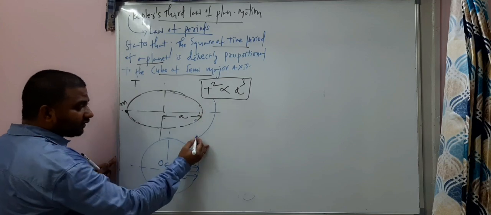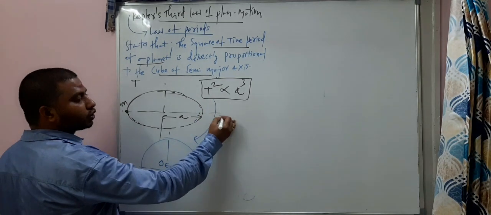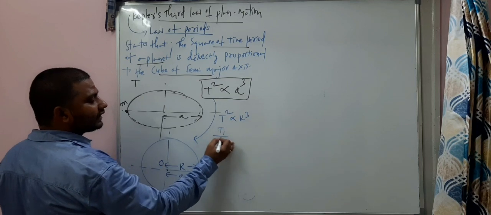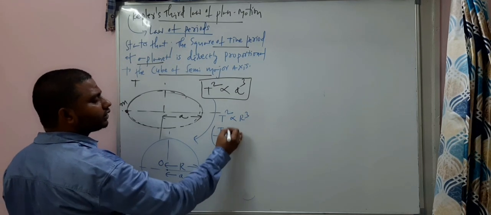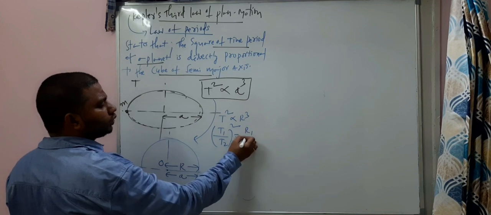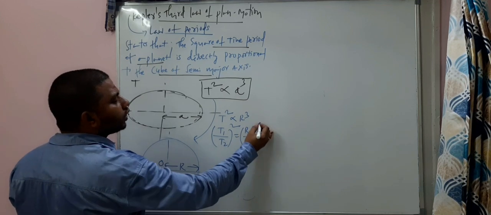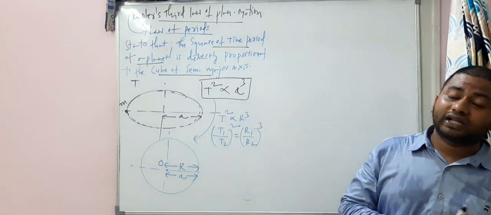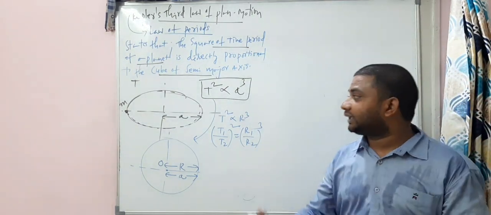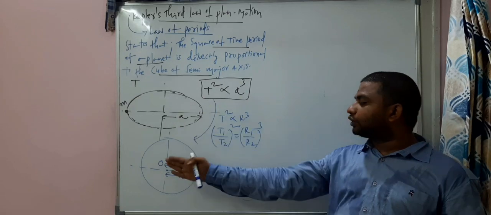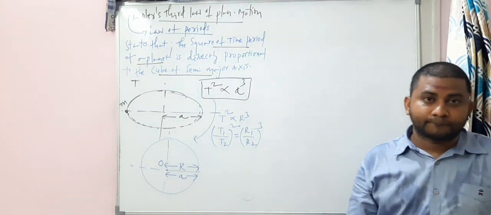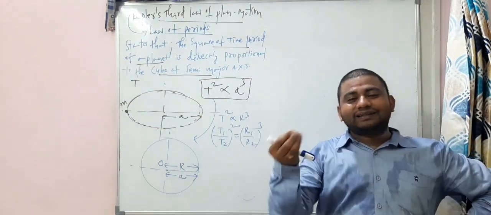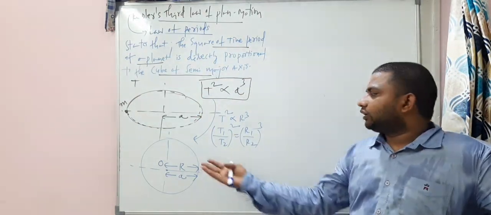And when this expression is applied here, it will be T square is directly proportional to R cube, and we can write (T1 by T2) whole square is equal to (R1 by R2) whole cube, my dear students. So you may get a doubt that how can we apply the elliptical shape to this circular shape? The study of the ellipse is a little more difficult than the study of the circle.